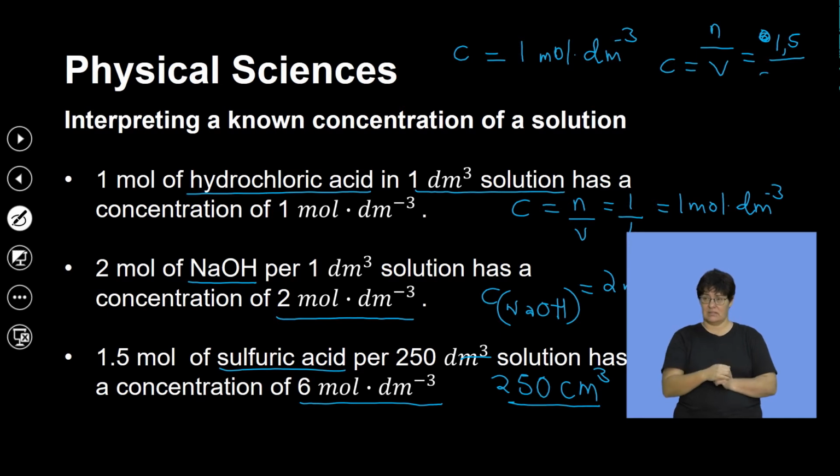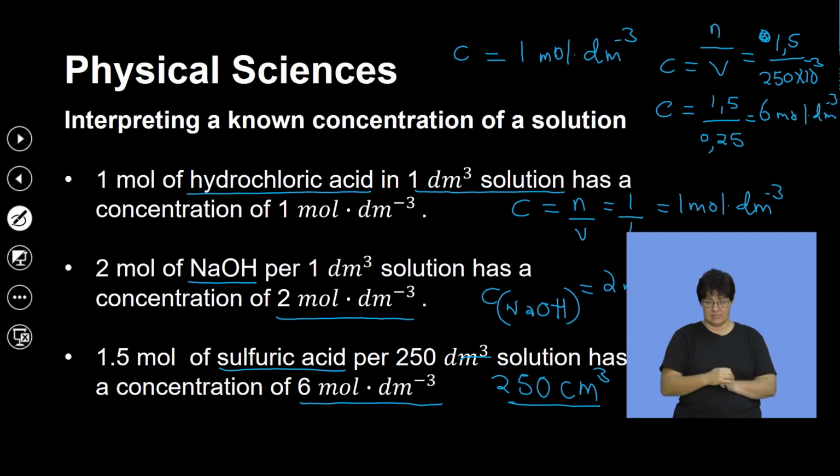So 250 is actually 250 multiplied by 10 exponent minus 3, which is the same as dividing by 1,000. So C is equal to 1.5 divided by 0.25. This is what gives us 6 moles per cubic decimeter.